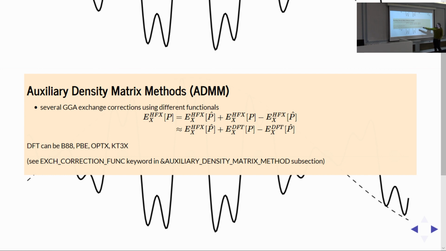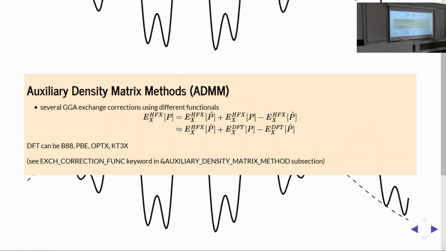So as I say, we calculate the Hartree-Fock bit in this auxiliary density matrix, and then there's this correction term, which is the difference of the DFT exchange between the real density matrix and this auxiliary density matrix. In principle, you can use the same density functional that you're using to build the hybrid, but this is just our approximation. You can put in any flavour of semi-local DFT that you like.